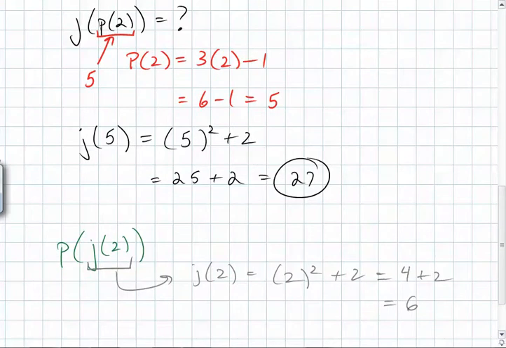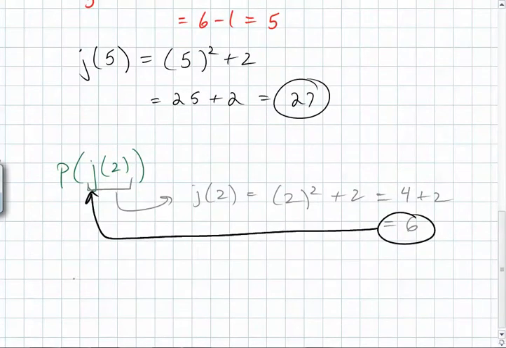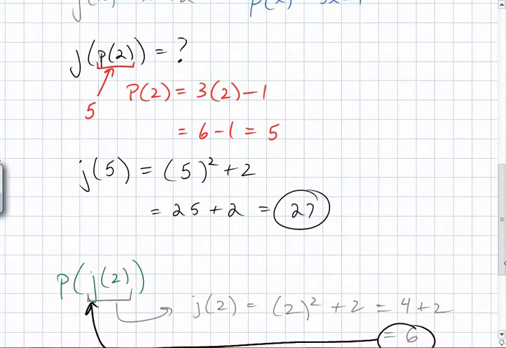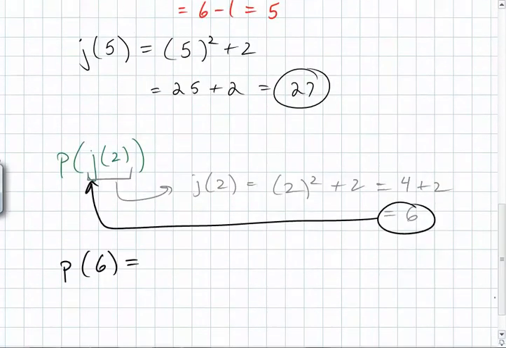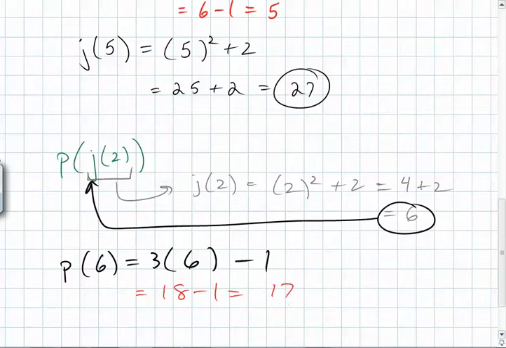And now you take this 6, and you know that that 6 is going to go right there. So now we need to do p of 6. Remember, p of x is 3x minus 1, so you plug in 6, you end up with 18 minus 1 is 17. So what this shows is that the order in which you compose a function matters a great deal.